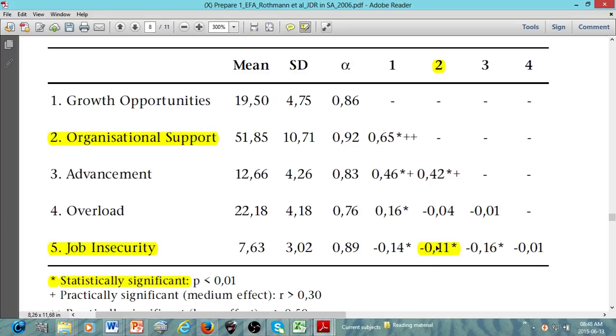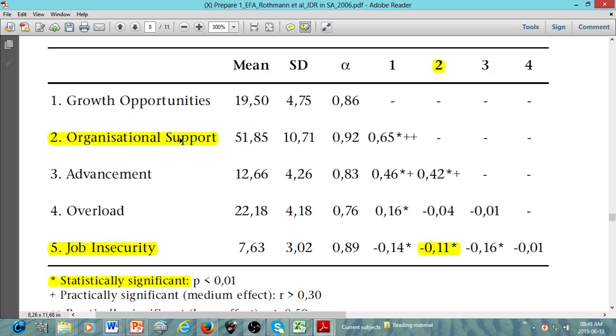Okay, job insecurity, organizational support, we saw that it's a negative relationship. So therefore, as organizational support increases, job insecurity should decrease. That is what we are suggesting by the negative relationship between the two.